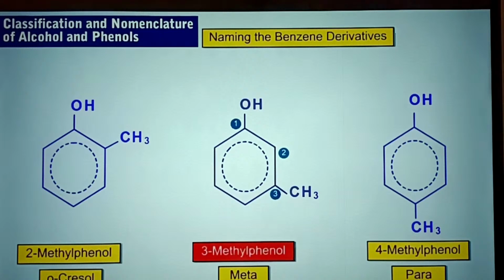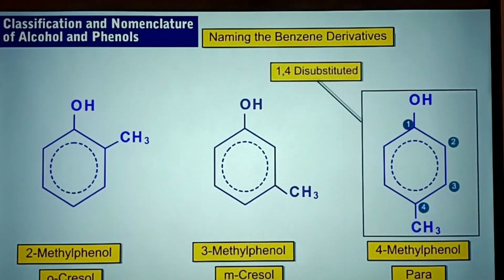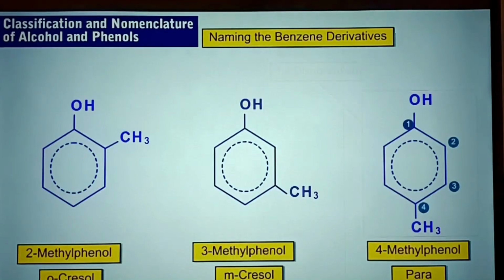So 3-methylphenol shown in the center is also called metacresol. Finally, the prefix para is used for 1,4-disubstituted benzenes. Therefore, 4-methylphenol, shown on the right, is also called paracresol.